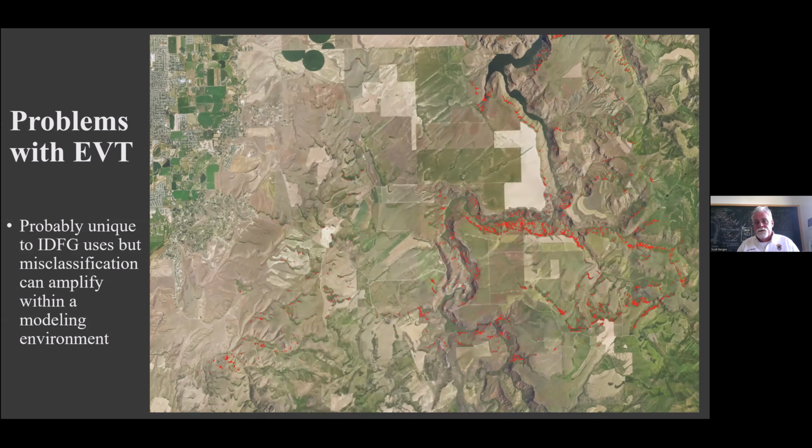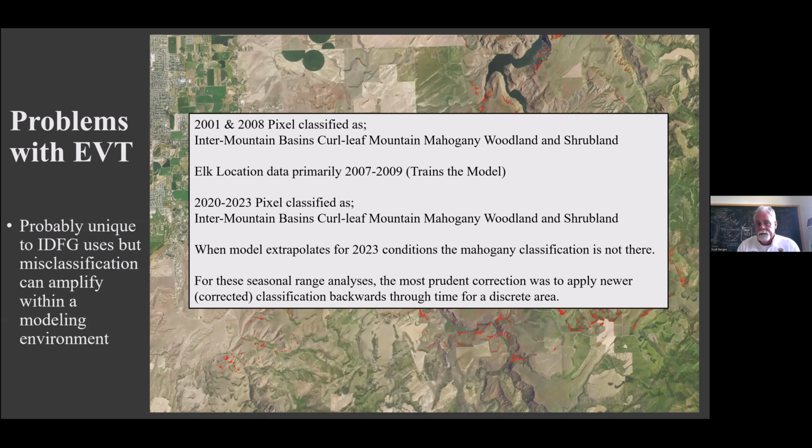But so the situation was that we ran into. We have our location data that's being associated with the classifications that were done saying that this was mountain mahogany within this area. We sent folks out in the field. It wasn't mountain mahogany. LANDFIRE also, through its classifications, come about the 2016 revision, noticed, hey, this isn't mountain mahogany, and then revised that classification.